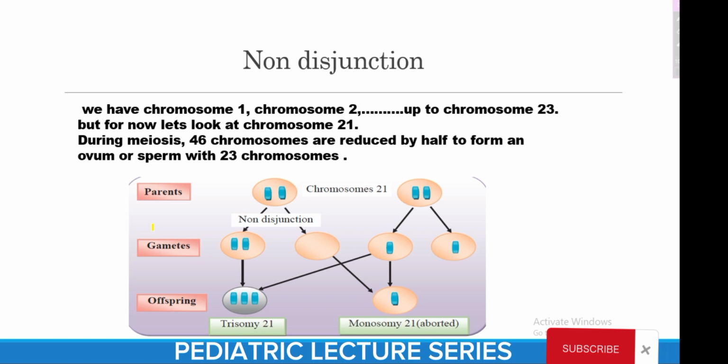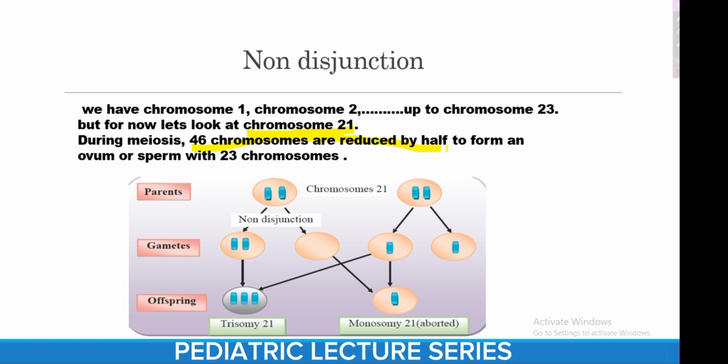non-disjunction. In our body, the cells have chromosome 1, 2, 3, 4, and it continues up to chromosome 23. But for now, let's look at chromosome 21. During meiosis, the 46 chromosomes are reduced by half to form an ovum or sperm with only 23 chromosomes.